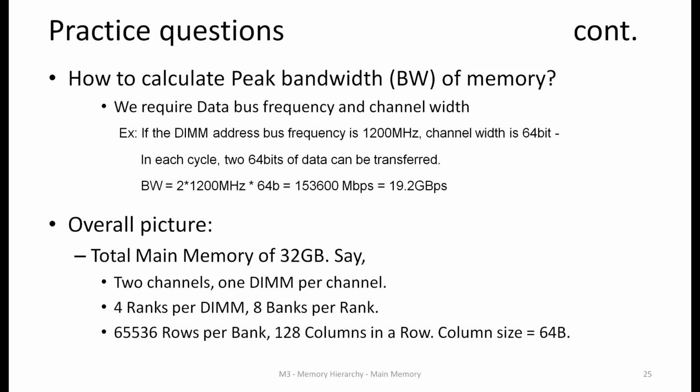Each bank is made up of 64K rows, and each row can be made up of 128 columns, and the standard column size is 64 bytes. Now if we reverse calculate, 64 bytes times 128 times 64K times 8 times 4 ranks times 2 gives us the overall main memory capacity.